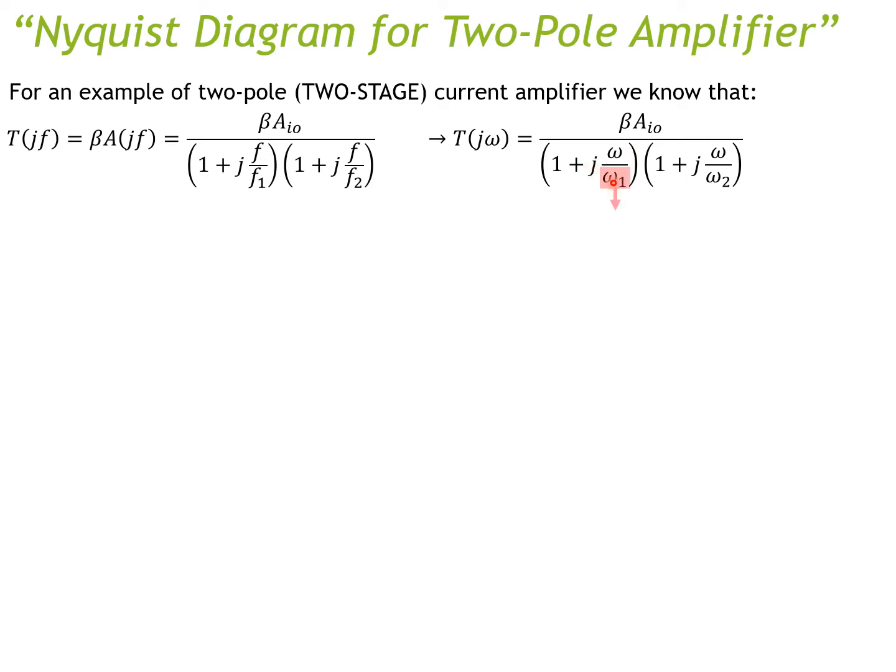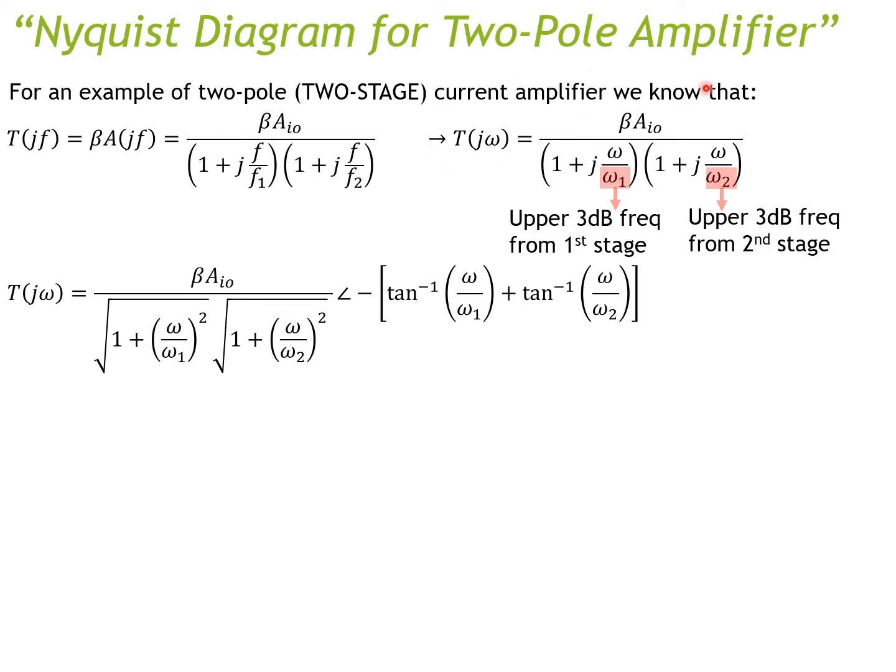Okay, and here, just a reminder, the first omega 1 is the upper 3 dB radian frequency from the first stage, and the second omega 2 is the upper 3 dB radian frequency from the second stage.